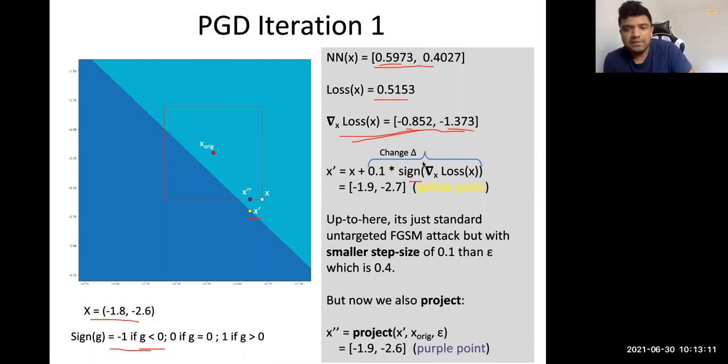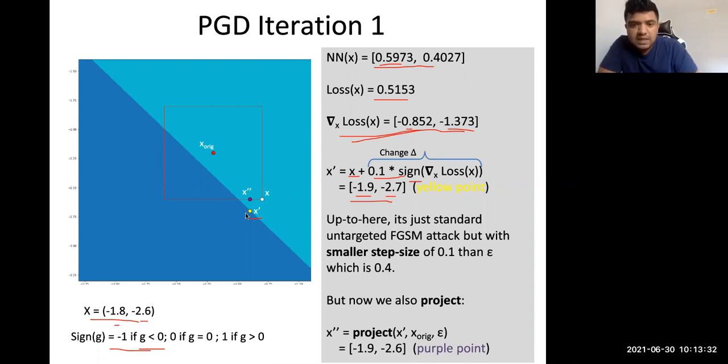The resulting values would be -1.9 and -2.7. We multiply -1 with 0.1, and we add our previous x, and these are the points we come up with. This is the yellow point.